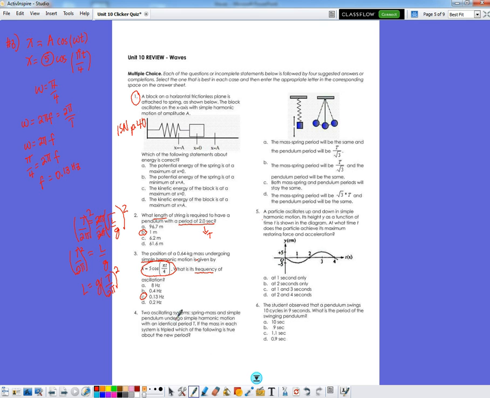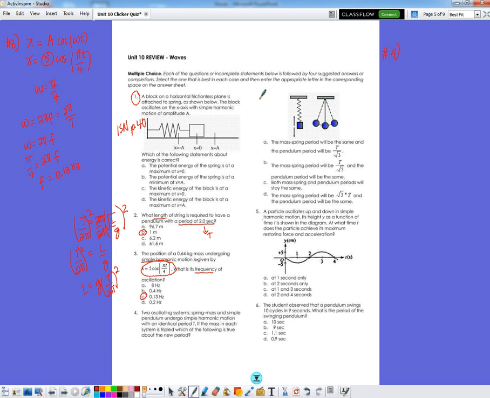Next, number 4. Two oscillating systems, a spring mass and a simple pendulum, undergo simple harmonic motion with an identical period T. If the mass in each system is tripled, which of the following is true about the new period? Okay, so I'll write number 4 here. This one and this one is the spring and mass system.